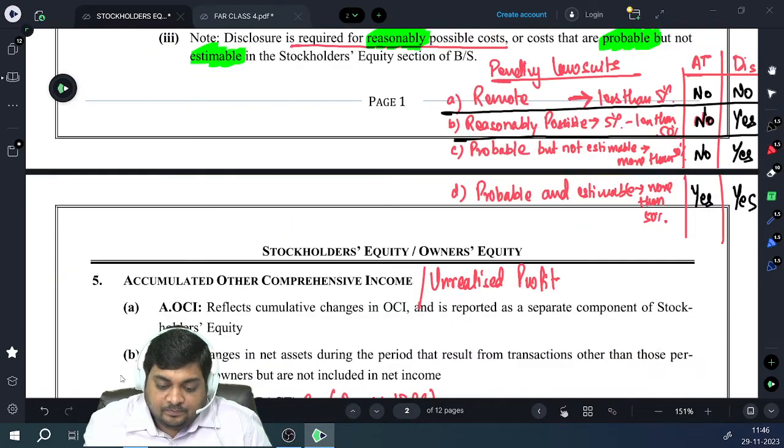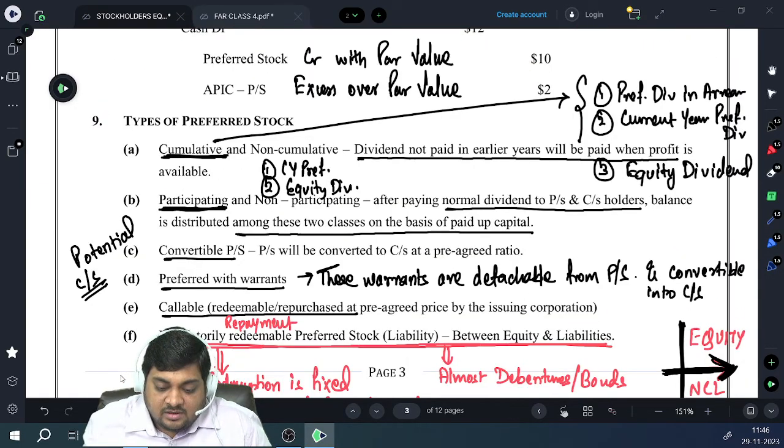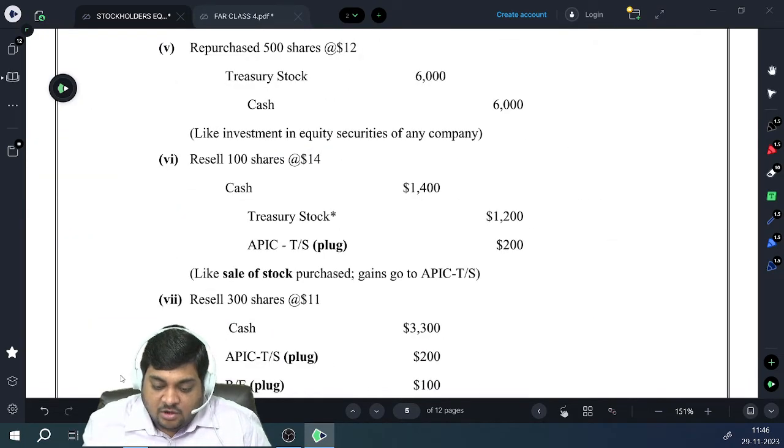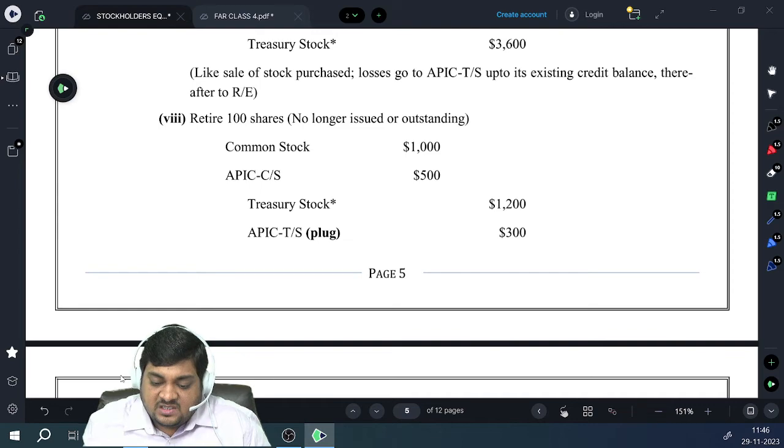Okay. So this we have covered. Treasury stock we have done. Similar sort of adjustment has been dealt with here. You can just have a look.